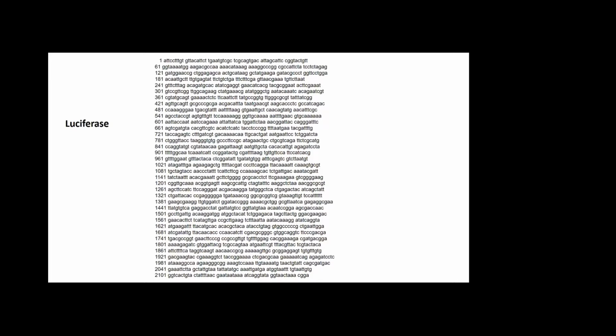We can also change some of these letters and then make that protein, which will be different, and see whether it still works or not.